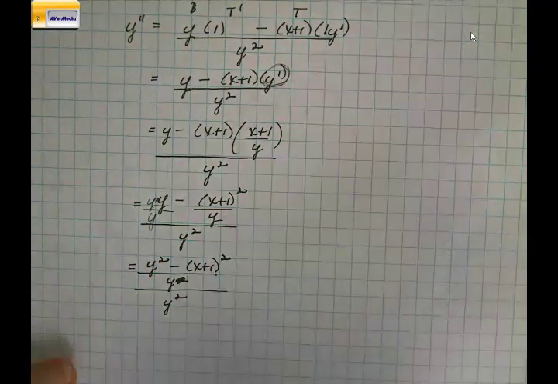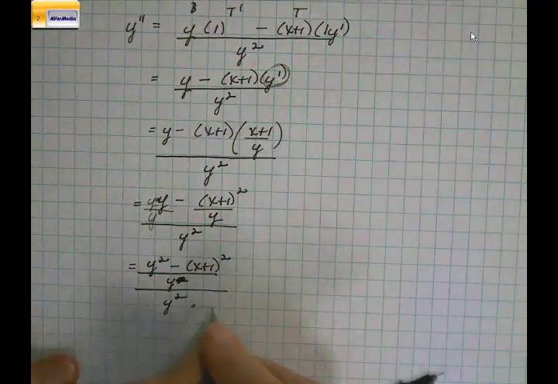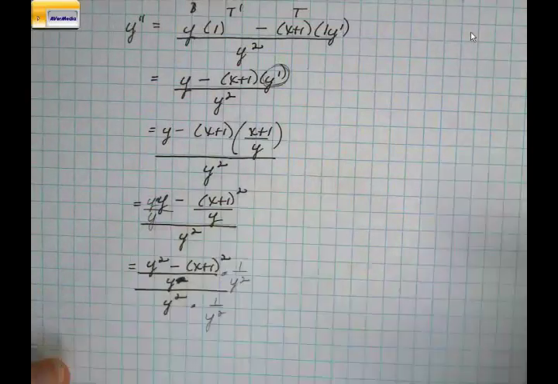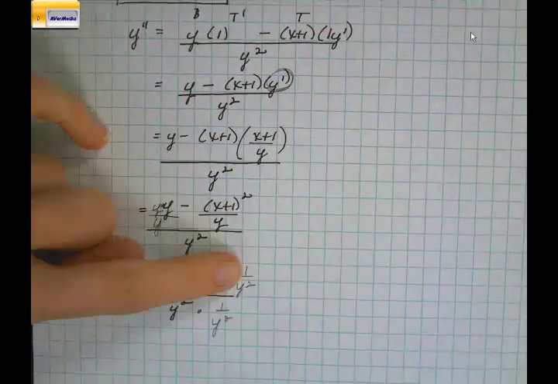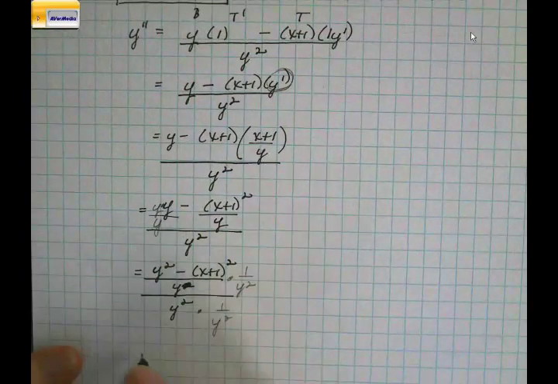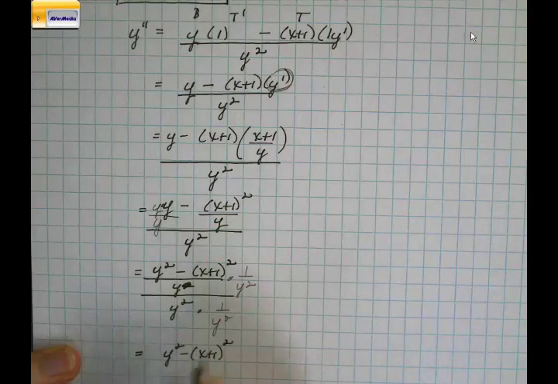Then, if I multiply this times 1 over y squared and this times 1 over y squared, because 1 over y squared over 1 over y squared is 1, so I'm still multiplying by something equivalent to 1, then this becomes y squared minus x plus 1 squared over y cubed.